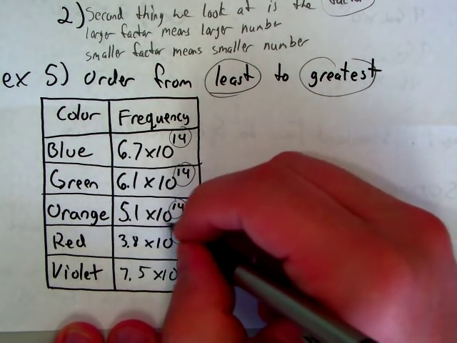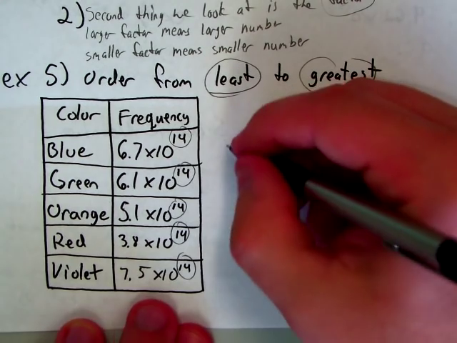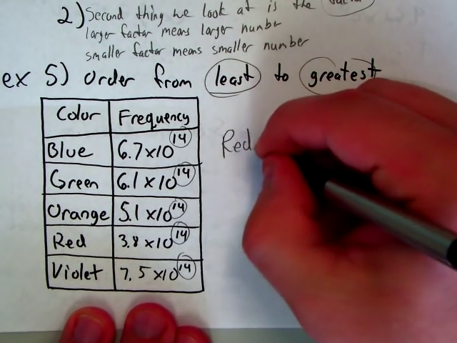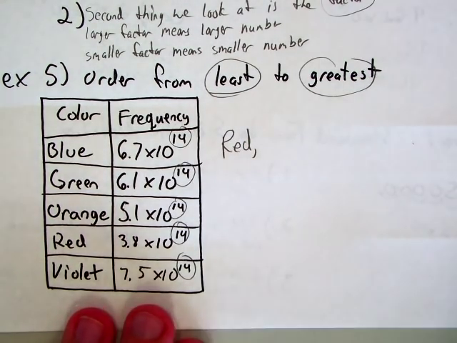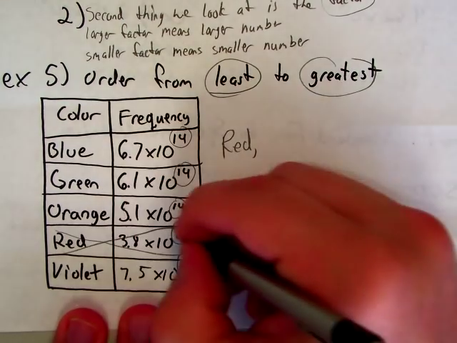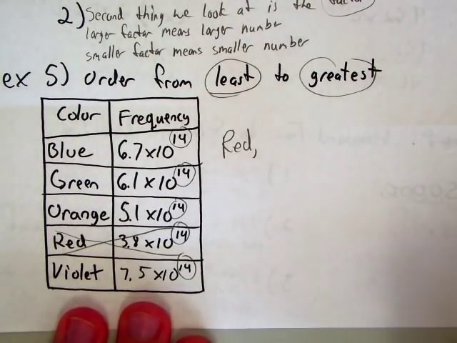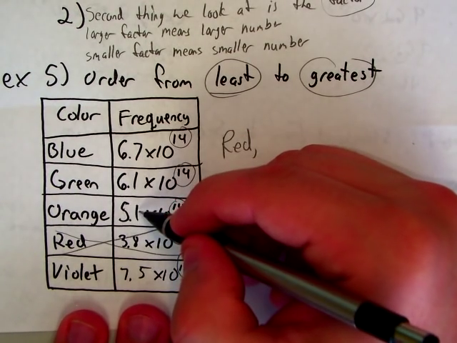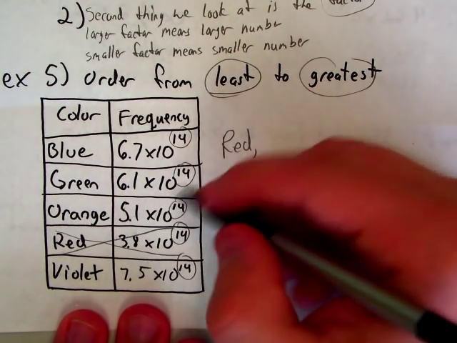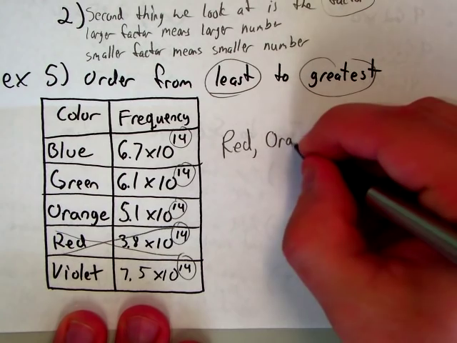So red is the first number. It has the slowest or the least frequency. So red is first. I'm going to cross that one off to know that I did that one. Next one is this 5.1, so that's orange.